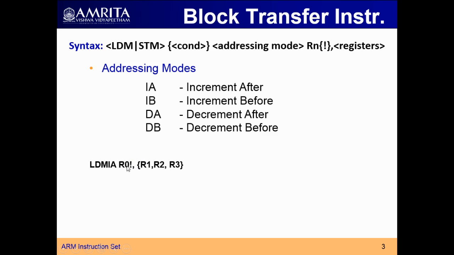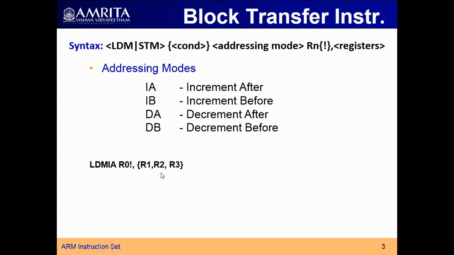Then the address will be incremented by 4, and the content of that incremented location will be moved to R2. Again the address location will be incremented by 4 and the content of that incremented location will be moved on to R3, in a sequential manner.